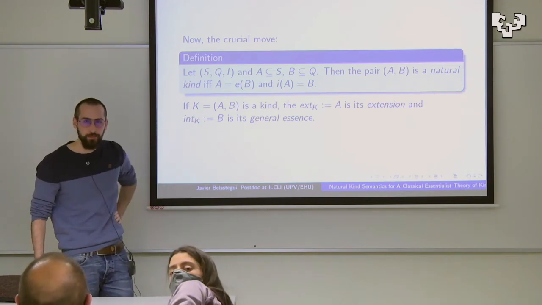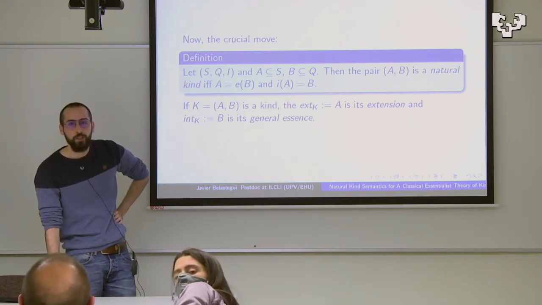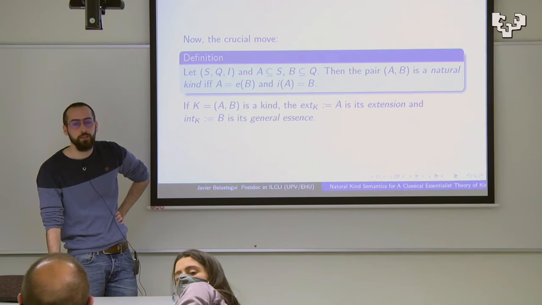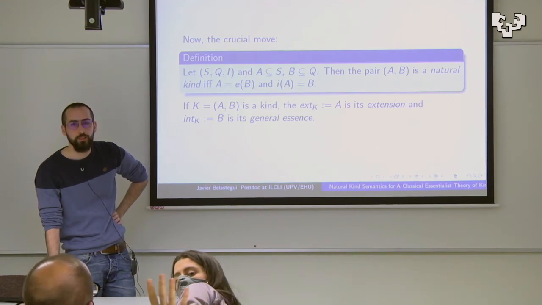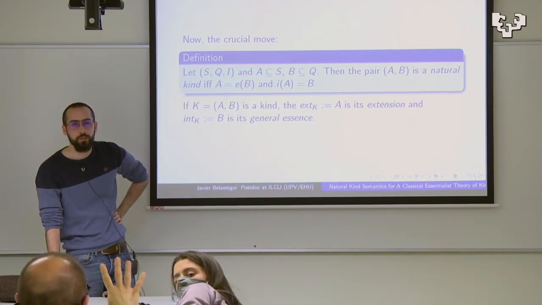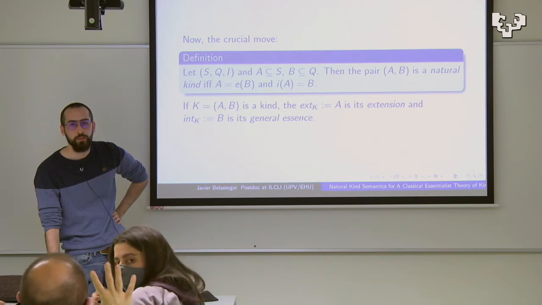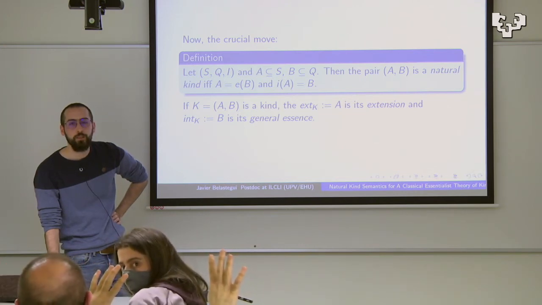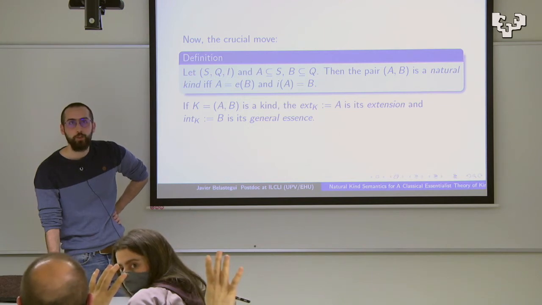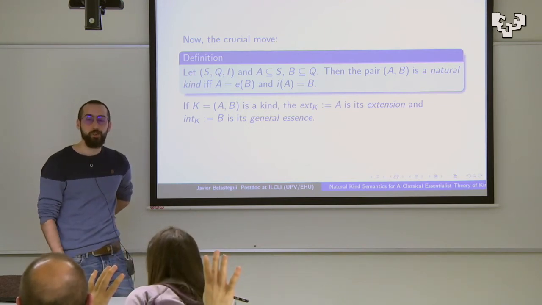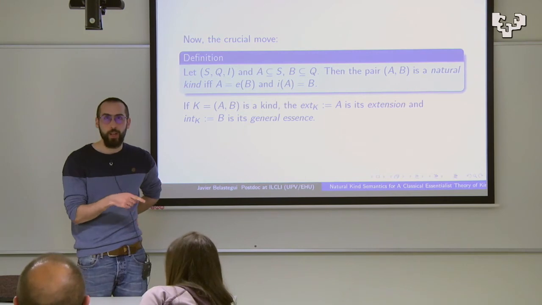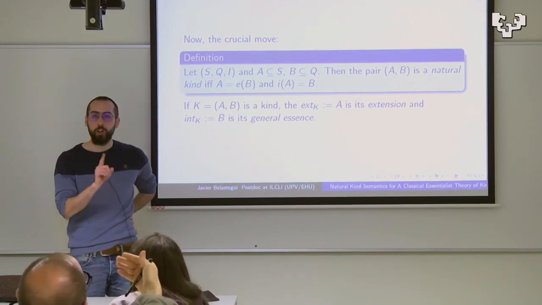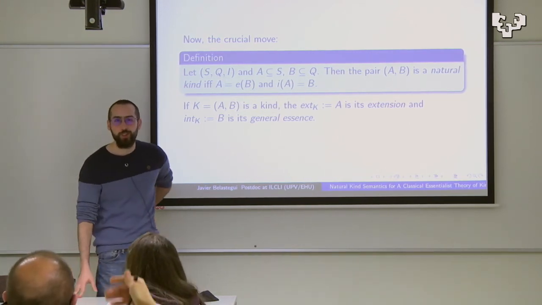Okay, and then my question is, why can't I define two different kinds that have exactly the same A set as an extension, but two different second sets as essential properties? No, that's not possible.